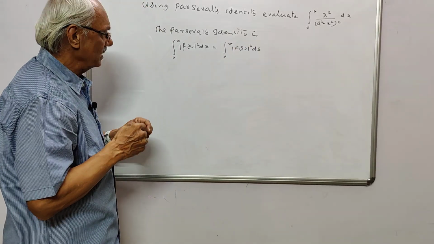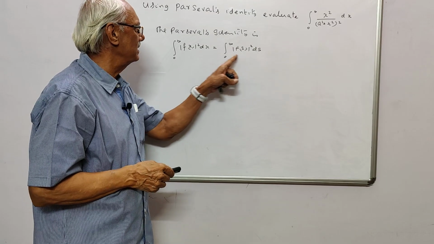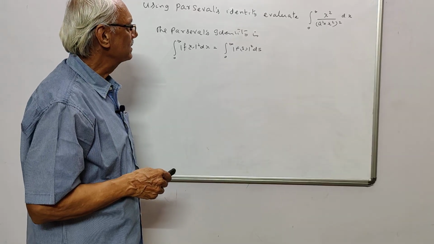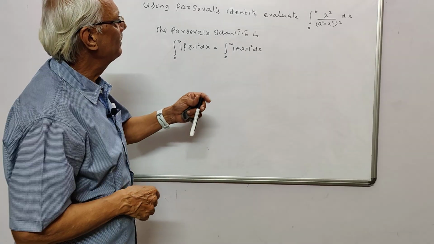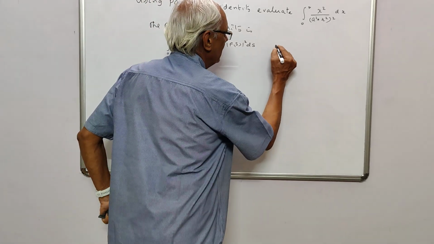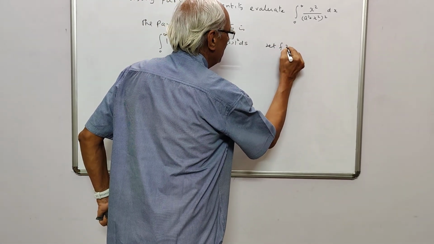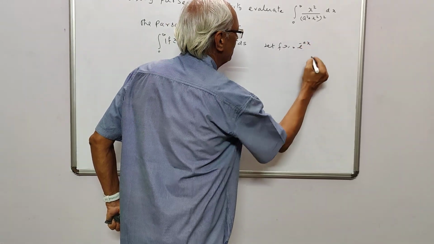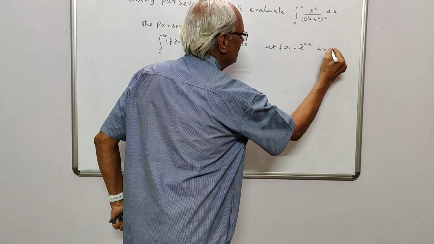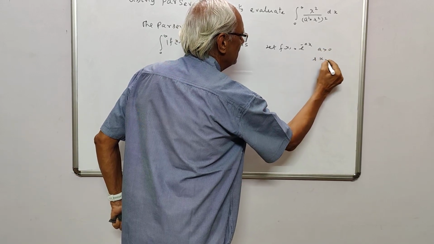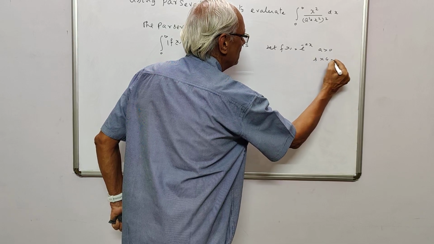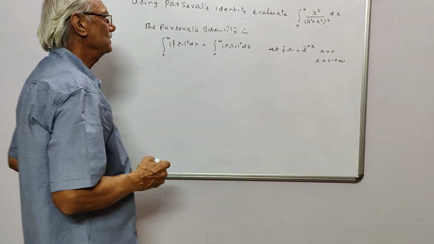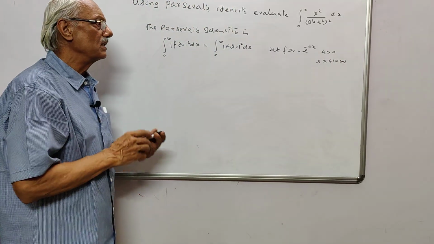Here you see that F of s is nothing but the Fourier transform of f of x, and here I'll assume, let f of x be equal to e to the power of minus ax, a is greater than 0, and x belongs to 0 to infinity. Let me take the function like this.